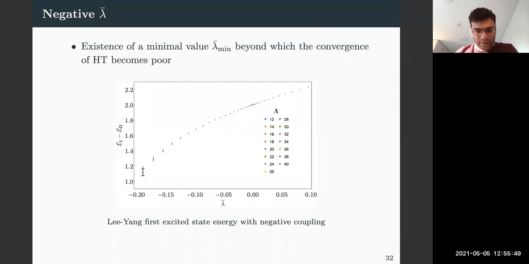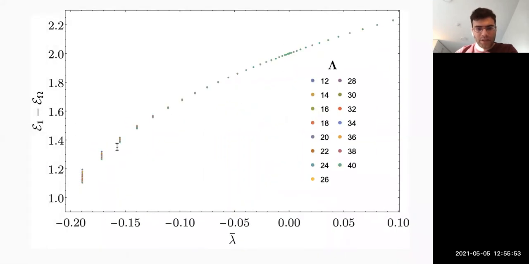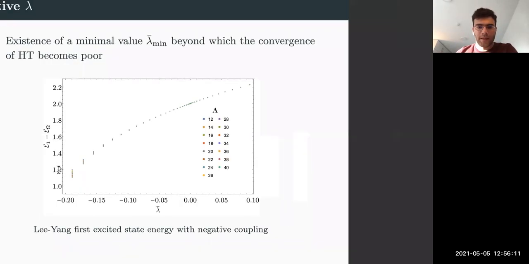Maybe it's better that I zoom in. It's very good here, they're all on top of each other because it's a very fast convergence. But it becomes very poor when the gap is around 1, at some critical coupling lambda bar where the first excited energy minus the ground state energy becomes 1.